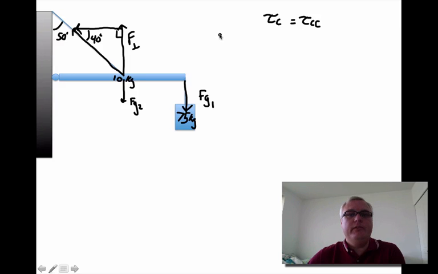So in the clockwise direction, I have two torques. The first one is my 75 kilogram mass that is acting at the end of this object, the pole, and we're not told the length of it, so I'm just going to put in L for the length. And then I have a 10 kilogram mass that's acting at the center of mass, so it's acting at half the length.